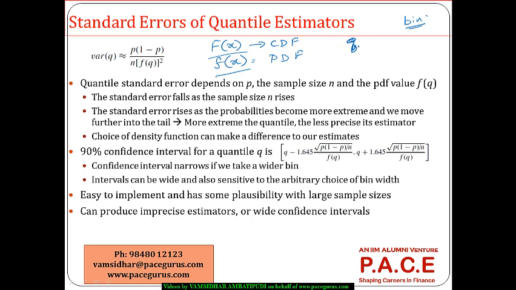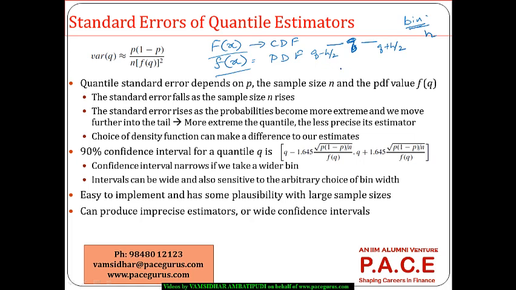Now let's say I want to do this for a particular quantile Q, which is 95%. So I want to design a small bin, a small interval around it. Let's say I am talking about a bin of size h. Then I look at it as Q minus h by 2 and Q plus h by 2.